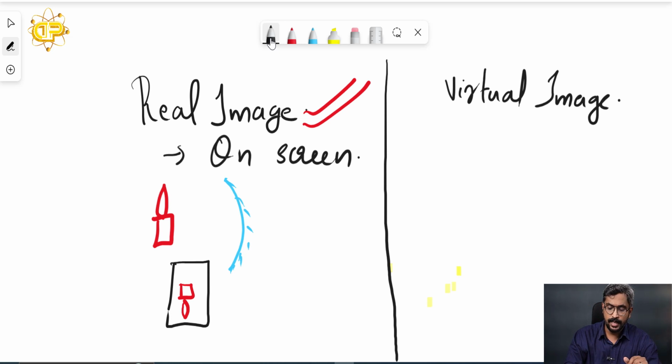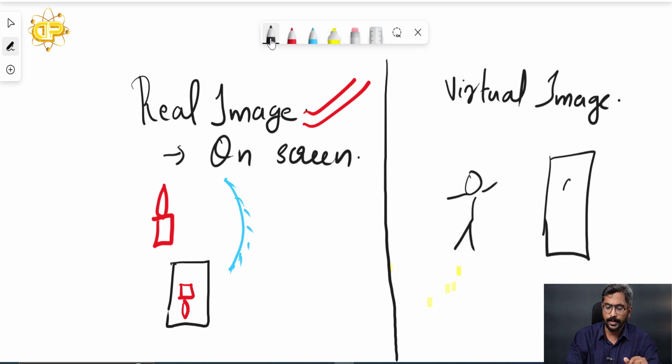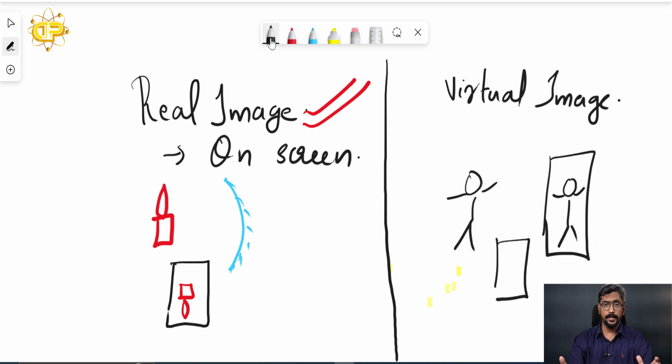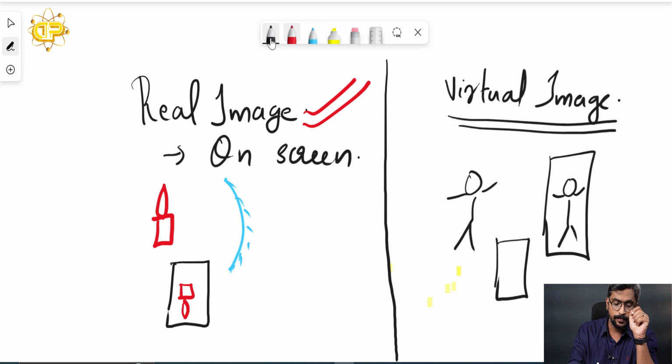If I am standing here and there is a mirror here, I can see my reflection inside that mirror. If I place a screen here, a white cloth, I will not get my reflection on that screen. This type of image is known as a virtual image.